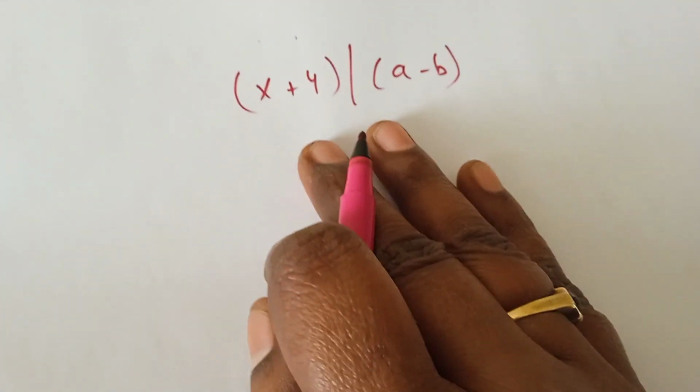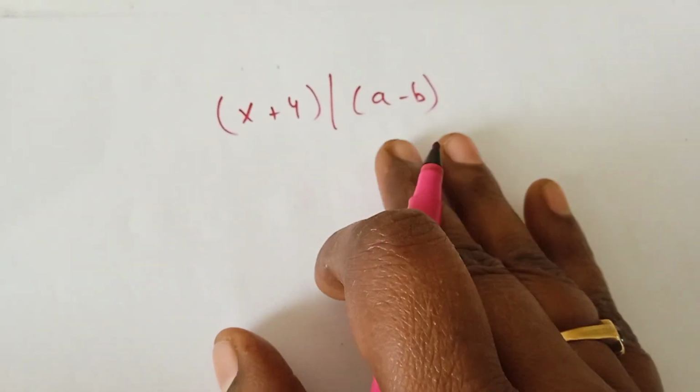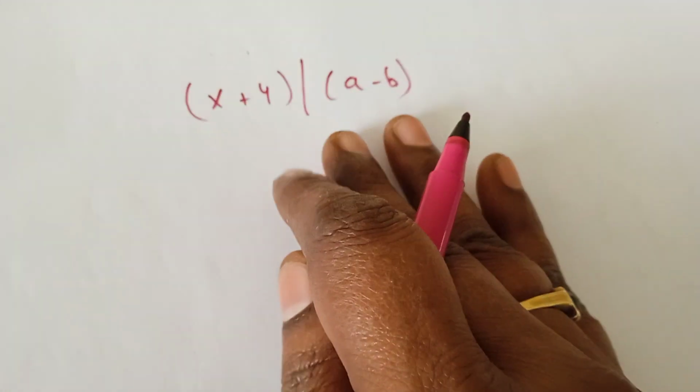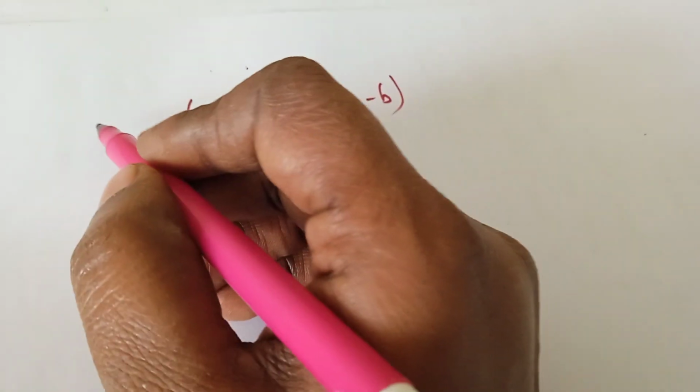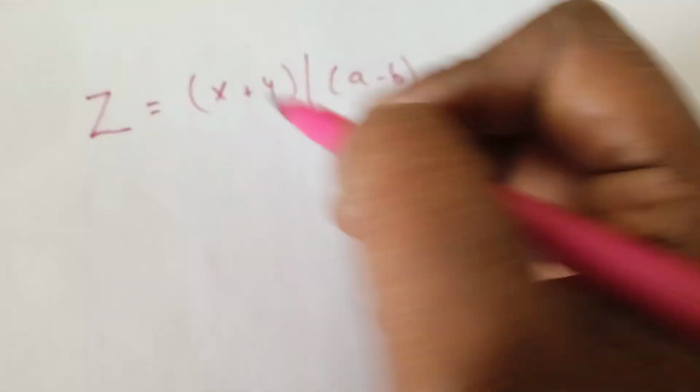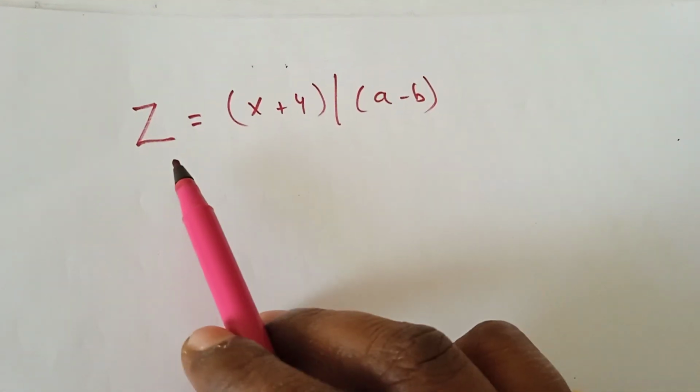This is one expression which I want to evaluate. For the evaluation purpose, I will be taking a third variable. Name it z. Now I am taking this third variable.